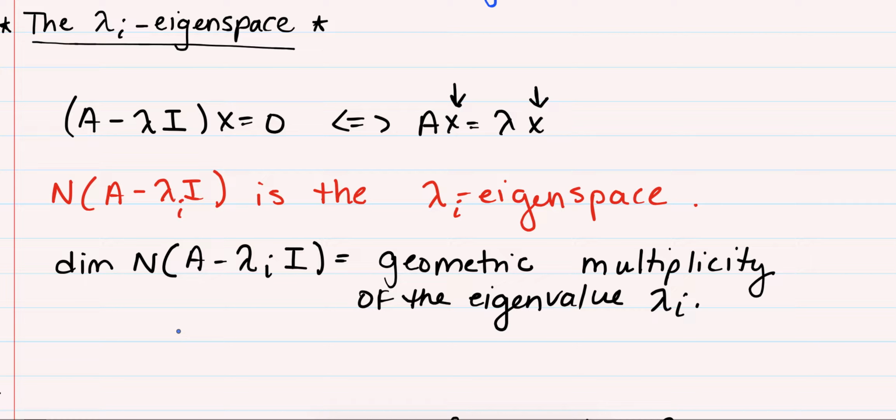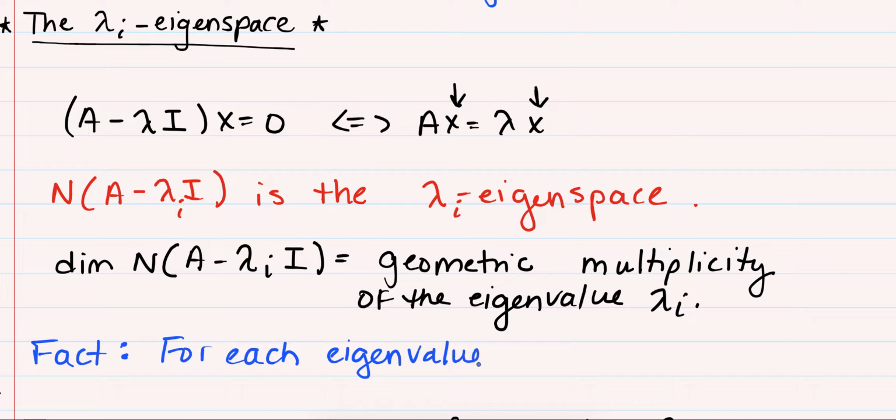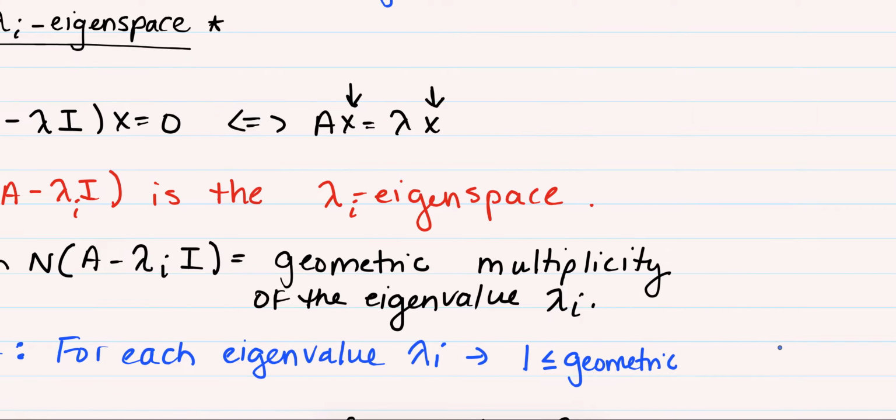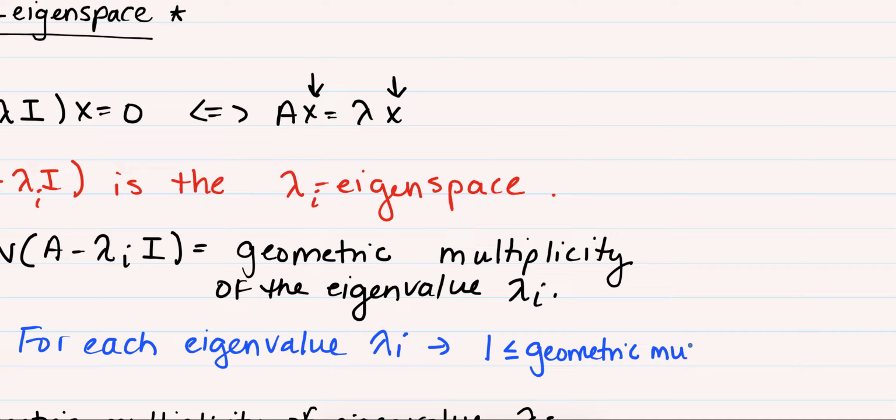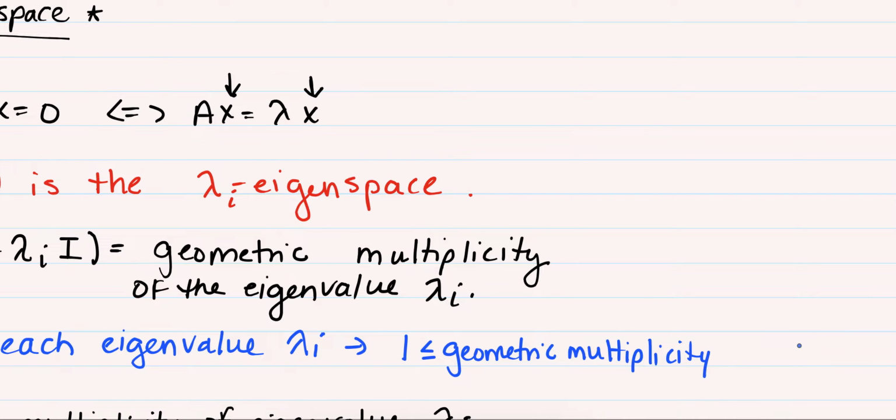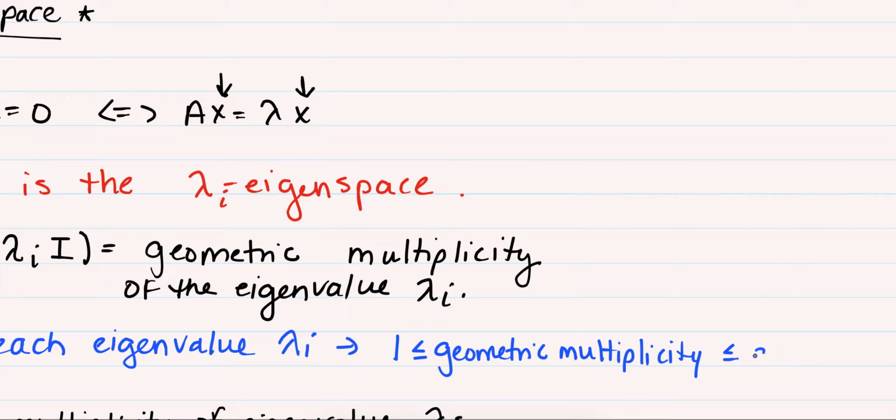An interesting fact is that for each eigenvalue lambda I, we have that 1 is less than or equal to the geometric multiplicity, and that's less than or equal to the algebraic multiplicity.